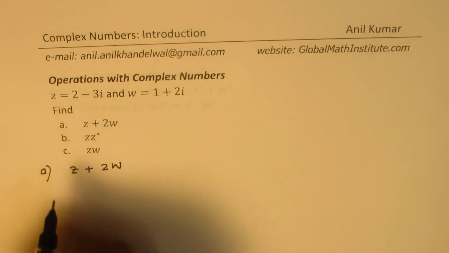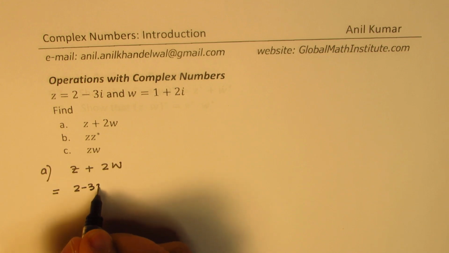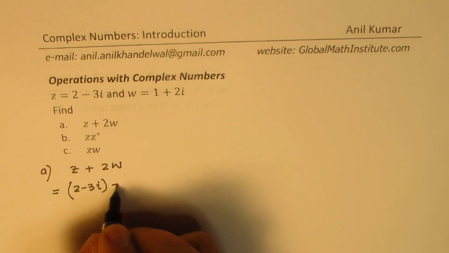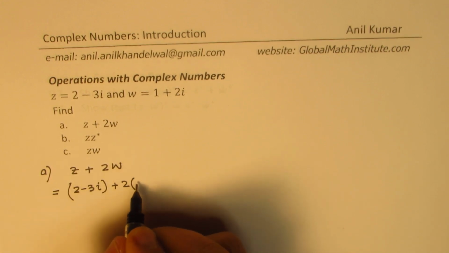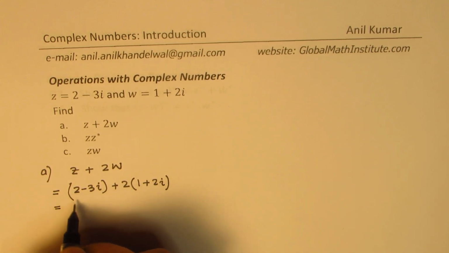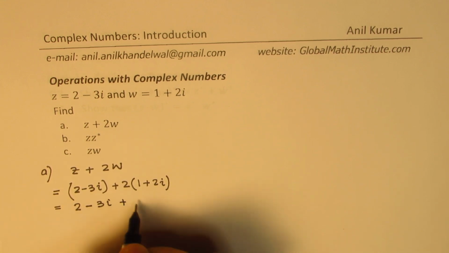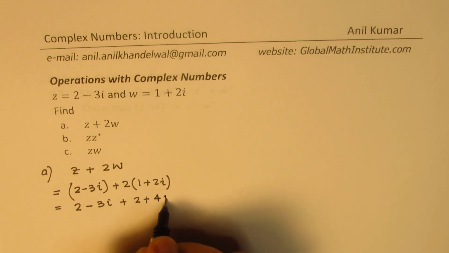Now z is 2 minus 3i, so we could write this as 2 minus 3i, which is z, plus 2 times w, which is 1 plus 2i. So let me expand it first: 2 minus 3i plus 2 plus 4i.